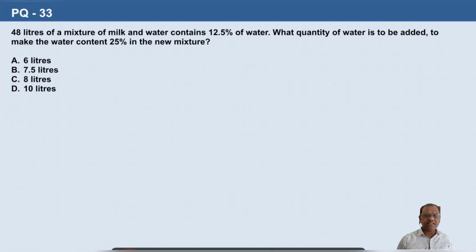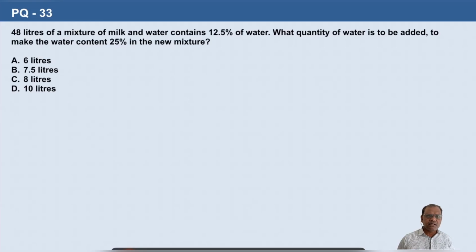Question number 33. 48 liters of a mixture of milk and water contains 12.5% of water. What quantity of water is to be added to the mixture so that the water content is 25% in the new mixture?